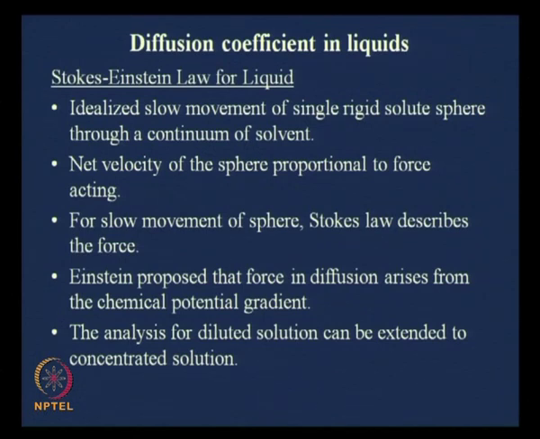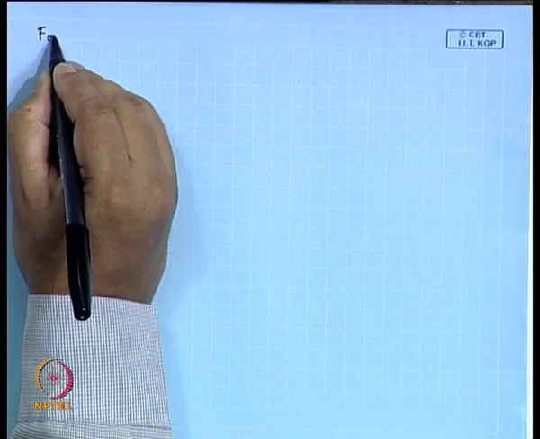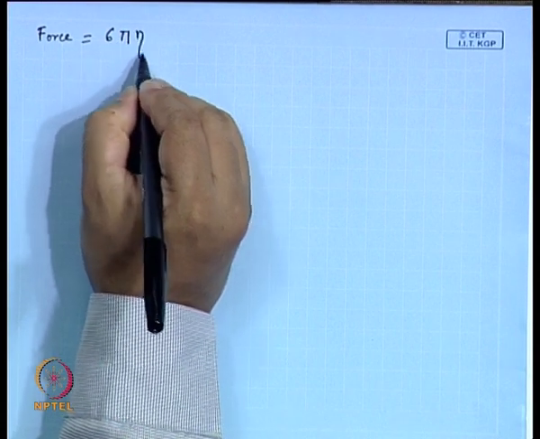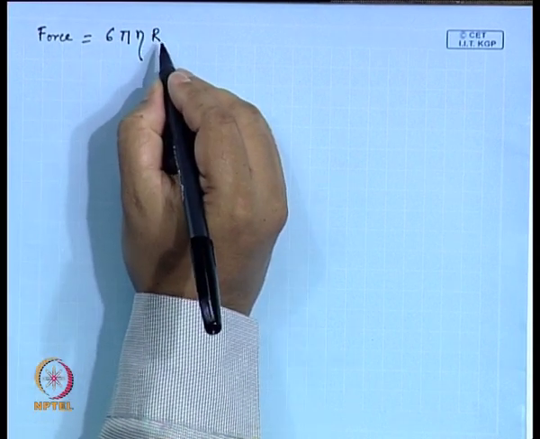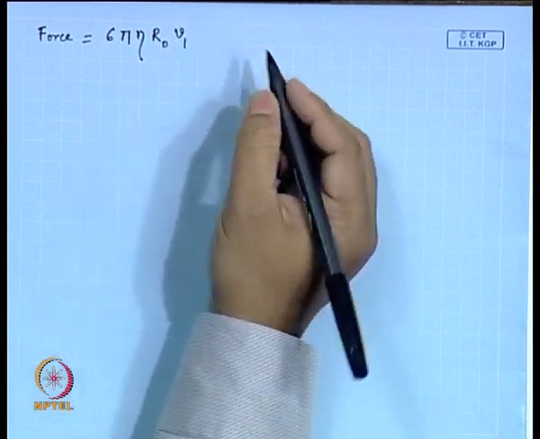If I write this Stokes' law here, it states that force is equal to 6 pi eta r0 V1. Okay, what are these now?